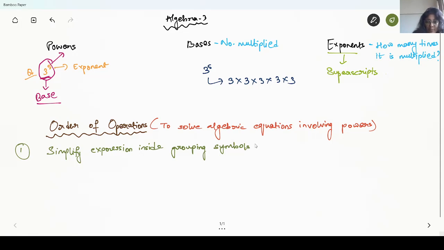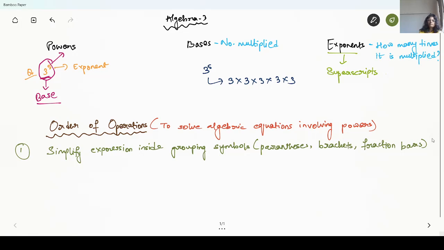What do we mean by grouping symbols? The grouping symbols are the parentheses, brackets, and fraction bars. First, we will simplify and solve whatever is present inside these.